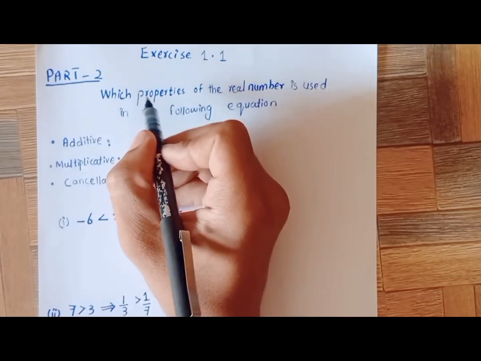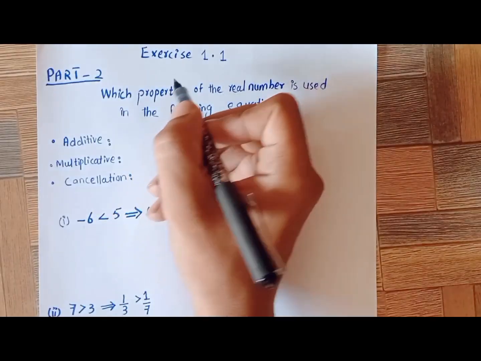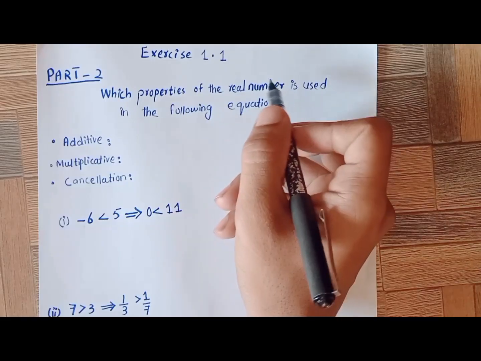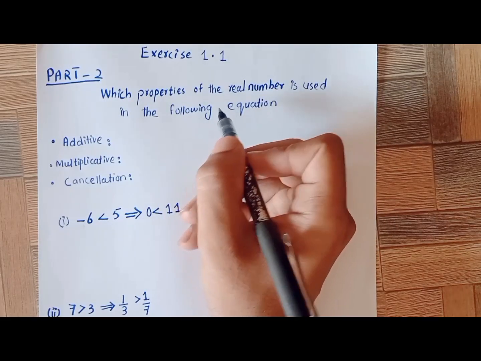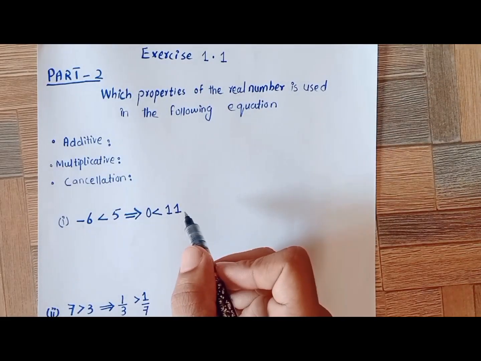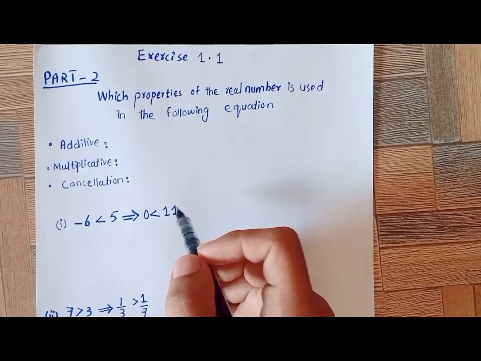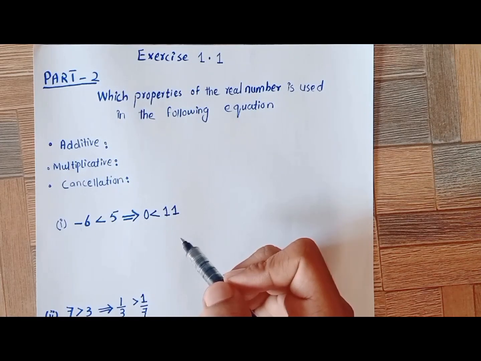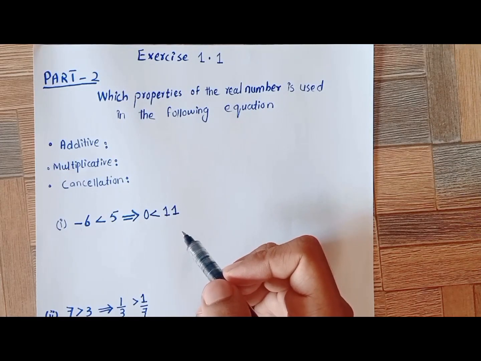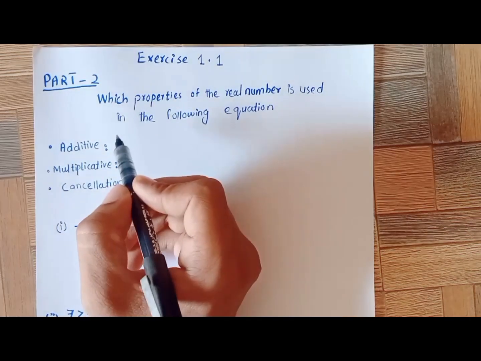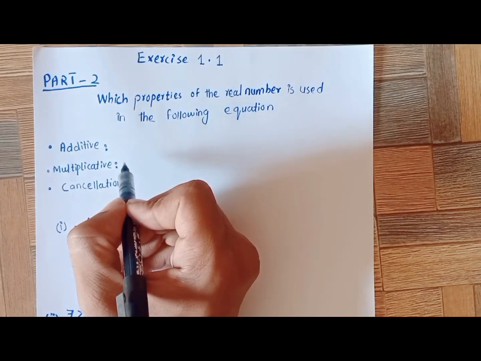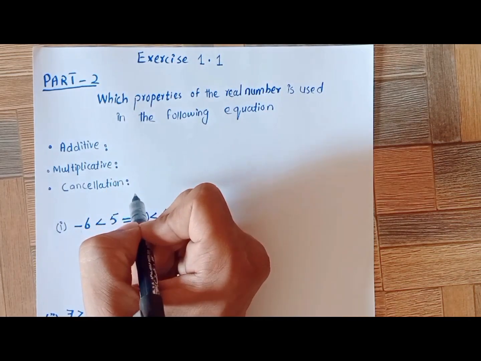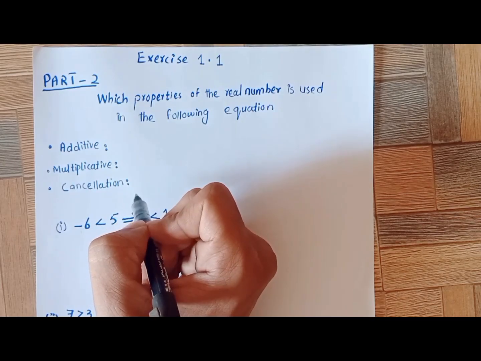Next part, question number 2. Which property of the real numbers is used in the following equations? We are supposed to look at the equations and find out which properties are being used. First of all, there are 3 properties being used in these equations.